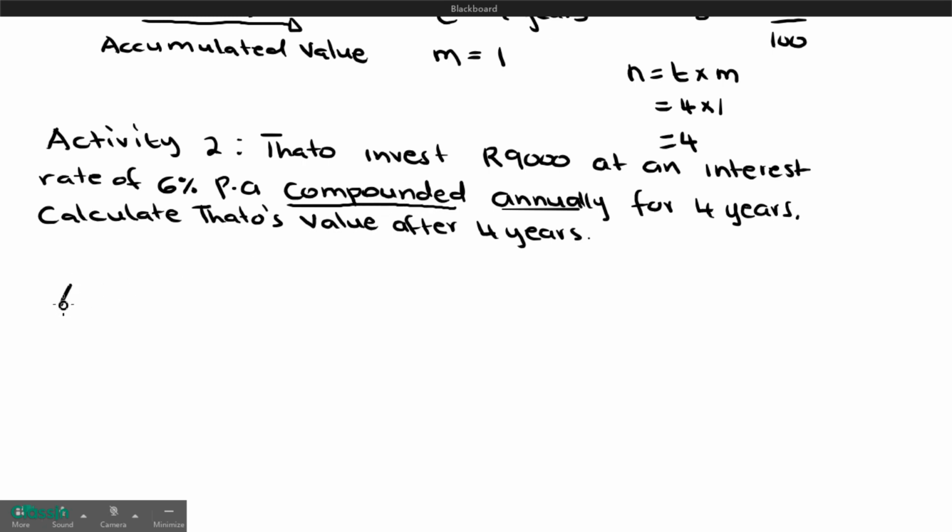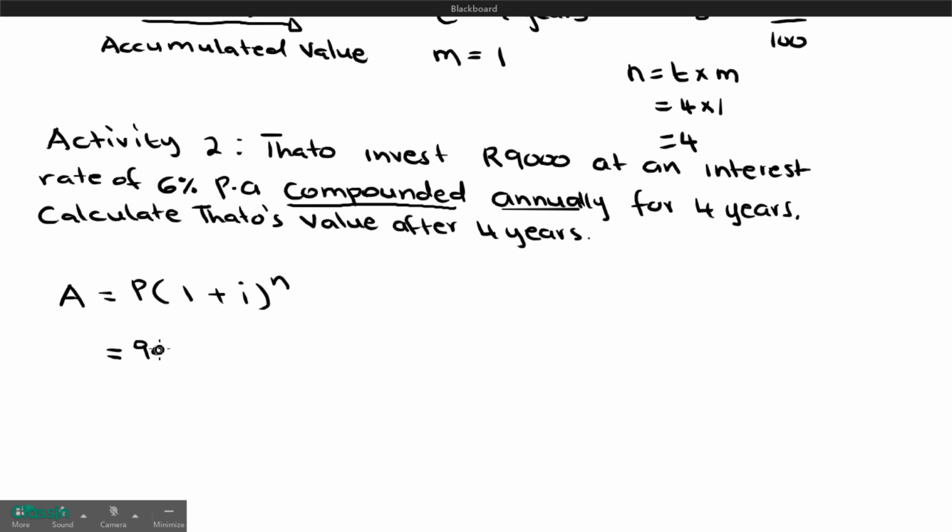So meaning that we have A is equal to P, 1 plus I to the power of N. Why do we use this formula? Because there is a term compounded. Now, how much is our amount to be invested?